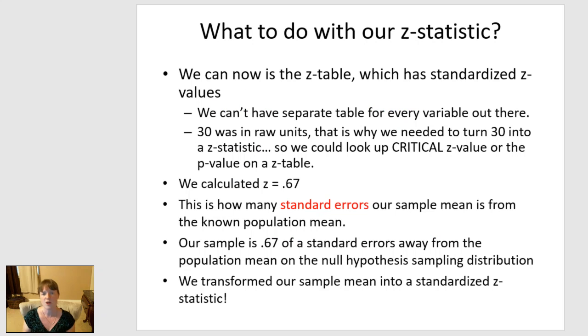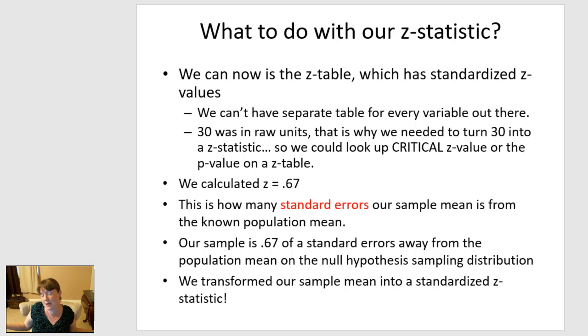So now we can use that z table, right? Which has standardized z values, remember? Because we don't want a different table for every raw unit. And standardizing, turning 30 into that calculated z value of 0.67, turning it into that z statistic allows us to look up critical values in the z metric.